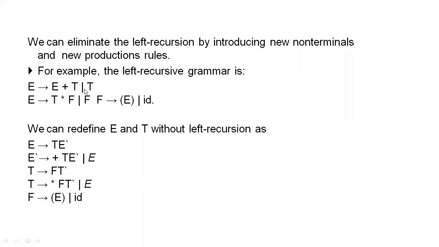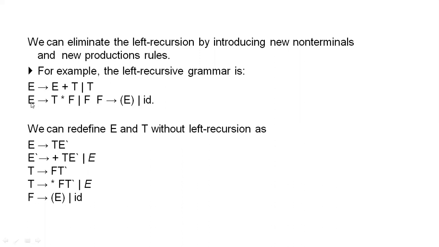E tends to E, having a left recursive problem. But E tends to, is it E tends to T star F? I think the grammar is wrong. Why? Because this is T tends to T star F or F, and F tends to open parenthesis E closed parenthesis or ID.